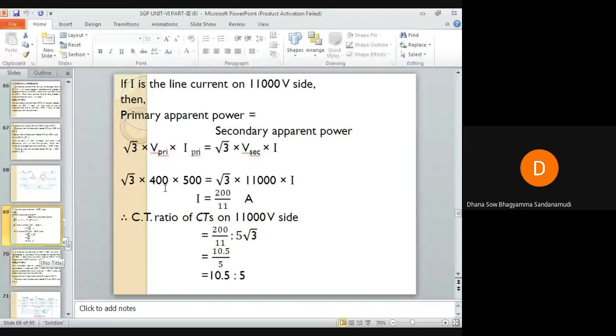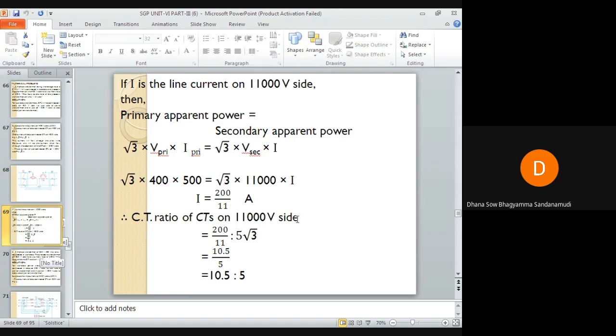So root 3 into primary voltage, which is 400, and current is 500. And similarly, secondary side root 3 into voltage is 11 kV, and I we don't know, we have to determine it. You just simplify it, you will get I equal to 200 by 11, that is nothing but 10.5 amperes.